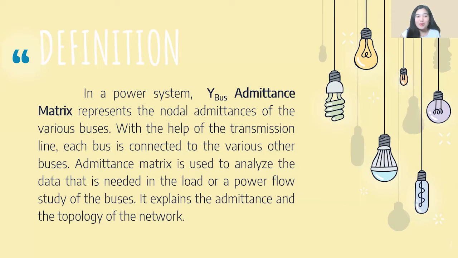As we mention transmission lines and buses, which are connected to each other, the admittance matrix is used to analyze the data that is needed in the load or power flow study of the buses. It explains the admittance and the topology of the network. Network topology only means the connection, or the arrangement of elements, nodes, and different components in a certain communication network. Here, we have this matrix as a way for us to analyze the data needed in the load or power flow study of the buses.